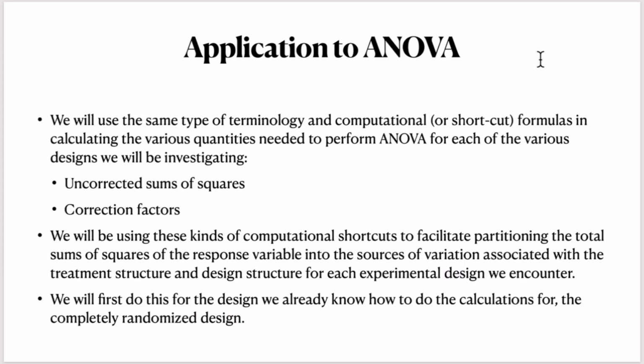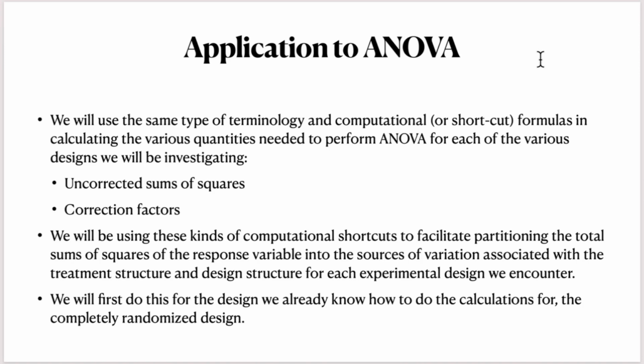And so, the application of that to ANOVA: we're going to use the same type of terminology and computational formulas, or shortcut formulas, in calculating the various quantities needed to perform analysis of variance for each of the various designs that we're going to be investigating. And so, again, we're going to be talking about calculating sums of squares, or uncorrected sums of squares, and also correction factors that we then subtract from the uncorrected sums of squares.